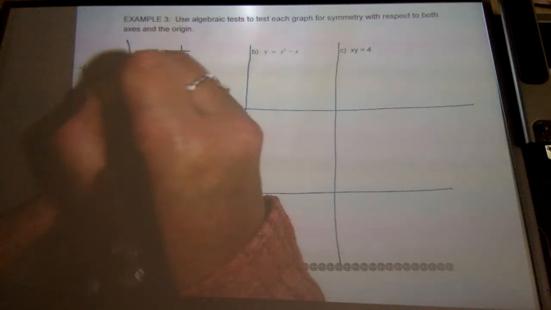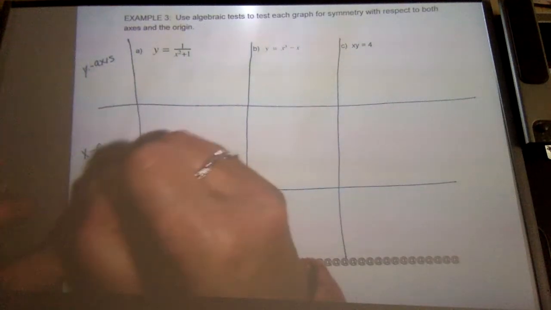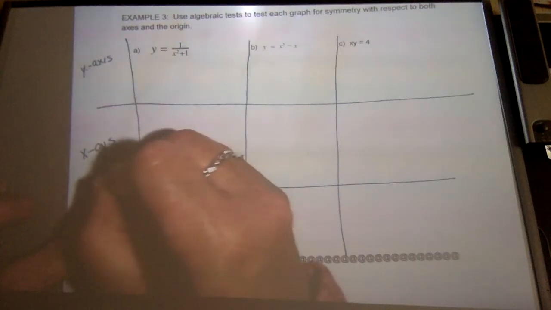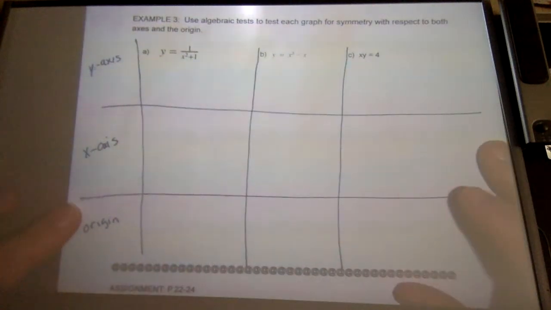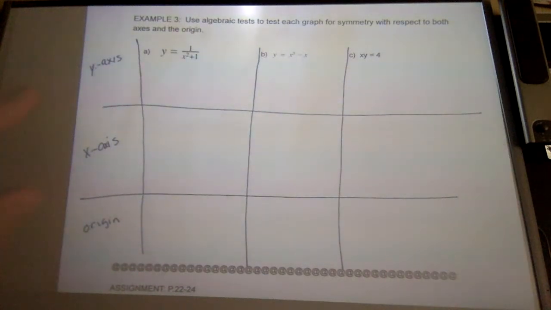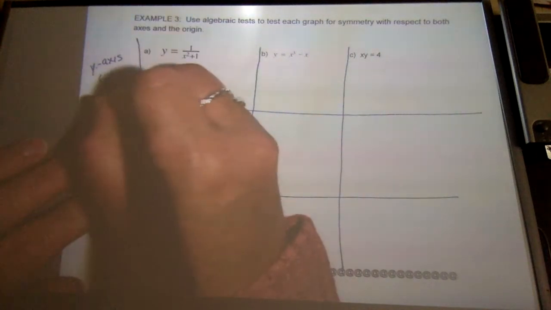So we're going to look for symmetry with respect to the y-axis, x-axis, and origin. For the y-axis, I'm going to put in a negative x.